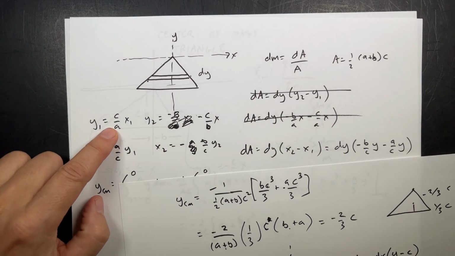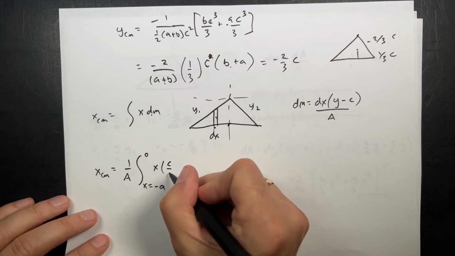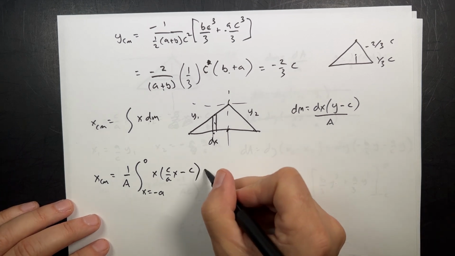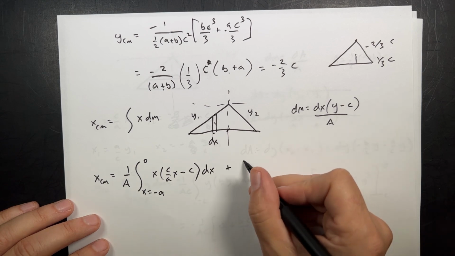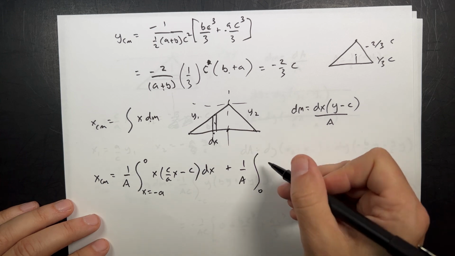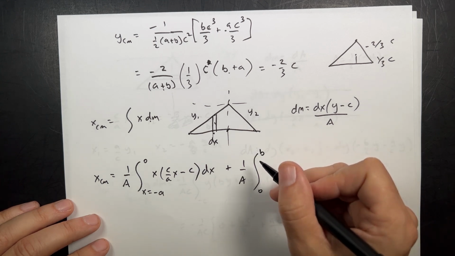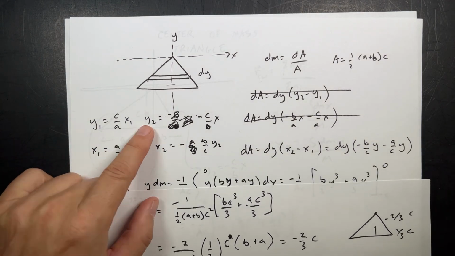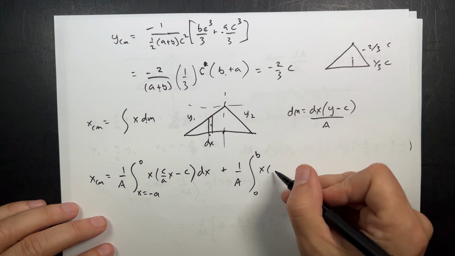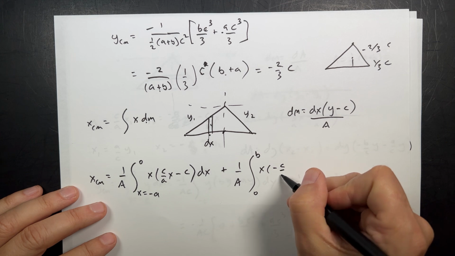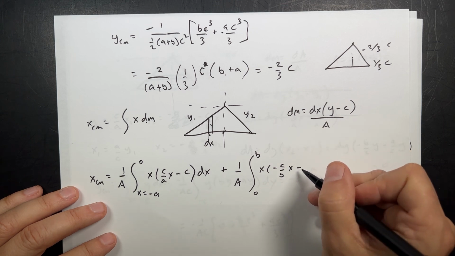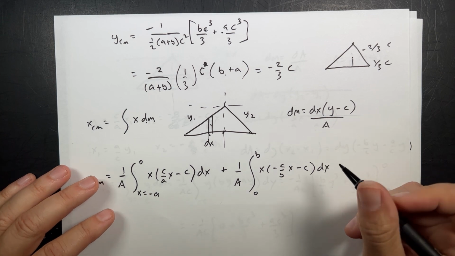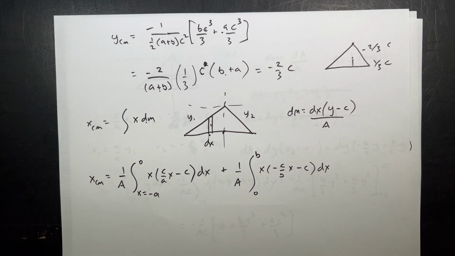And remember, y1 is c over a x, so it's c over a x minus c dx, plus 1 over a, integral from 0 to b, because I'm doing the second part, of x times this value of y, negative c over b x minus c dx. Let's do this on another piece of paper because I'm going to run out of room.